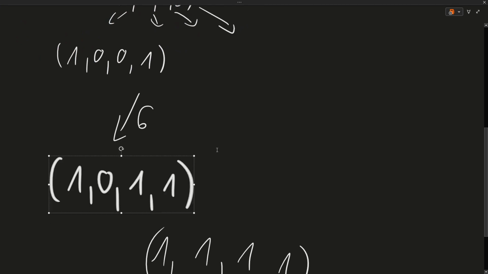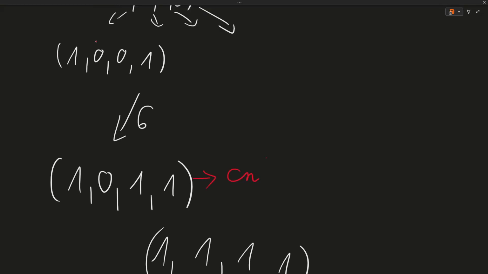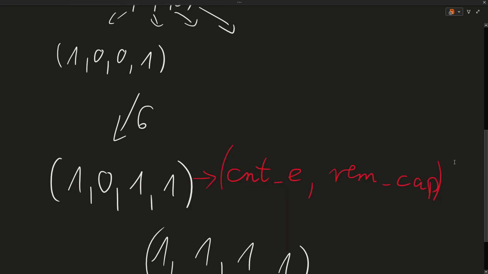When we have already 3 people in, I still want to know the number of elevators, count elevators, and I want to know the remaining capacity in the last one. Remaining capacity. And an interesting observation is that I can just minimize that. Maybe it will be better to just say that here I have used capacity.